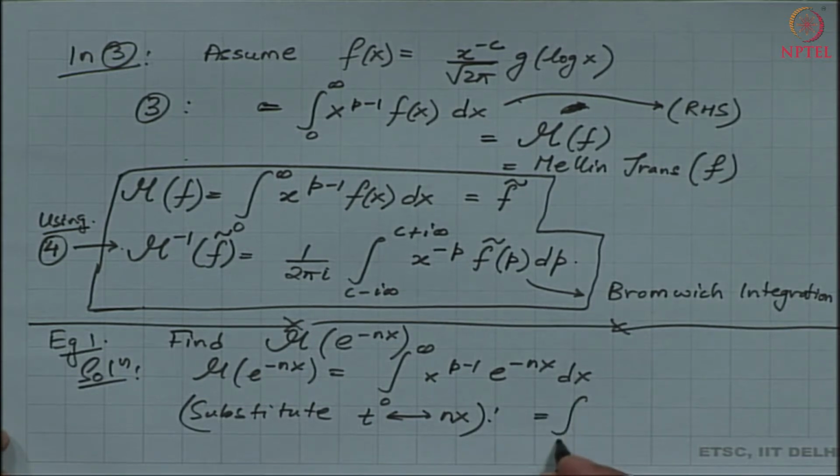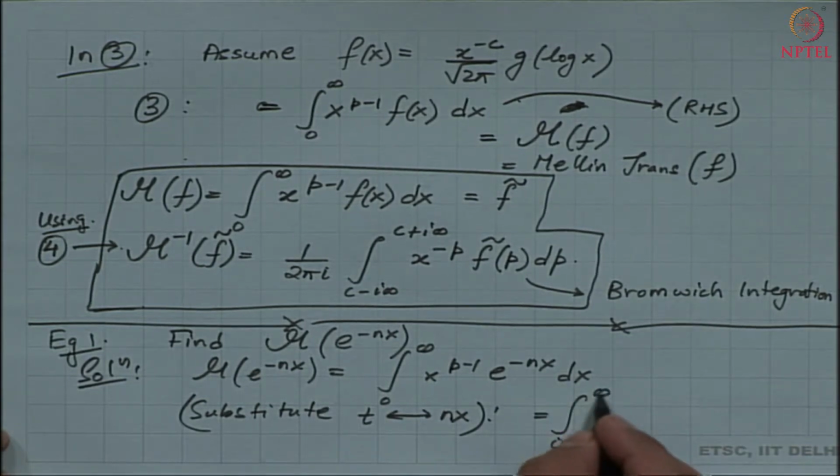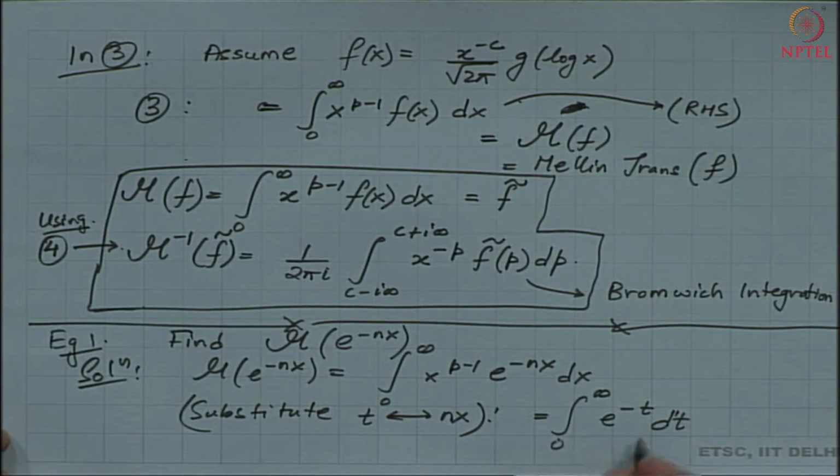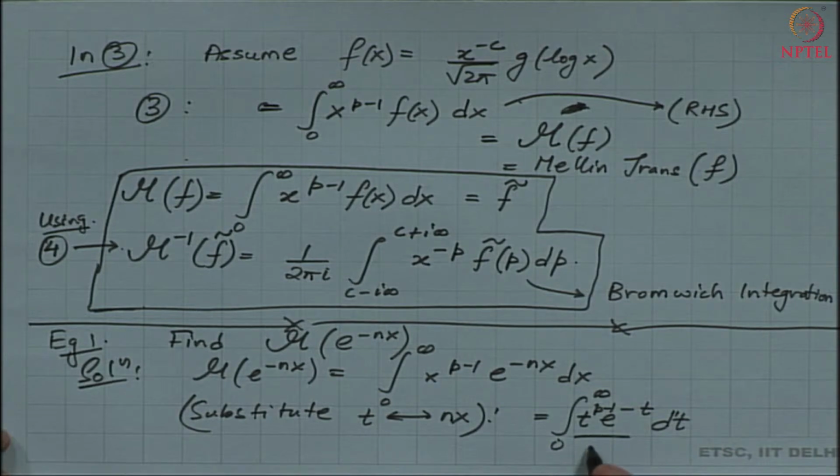equal to the integral from 0 to infinity of e to the power minus t, where dt is n times dx. So, n can be taken out, and after all this simplification I am going to get t to the power p minus 1 divided by n to the power p.